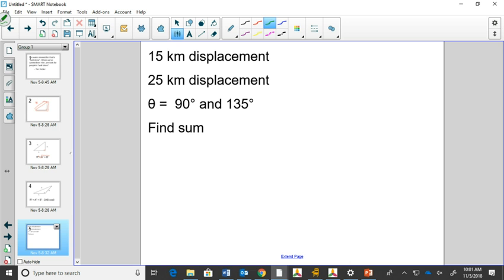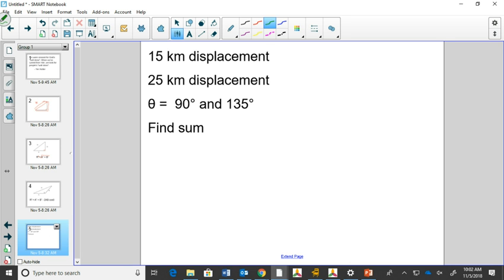The first one is if there's a 90-degree difference between them. So let's say, again, he went east and then went north. And the second one is if it's 135 degrees between these two vectors. And they want us simply to find the sum. When they say find the sum, they mean find the resultant. Put these two together, and let's find out how far Jason actually traveled.